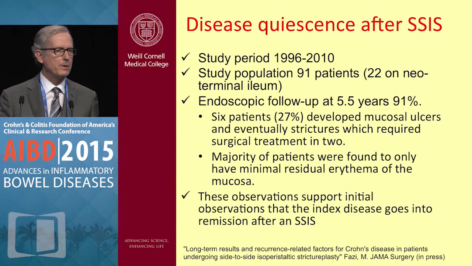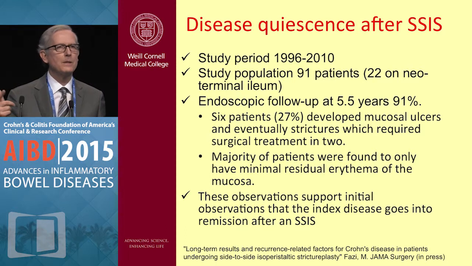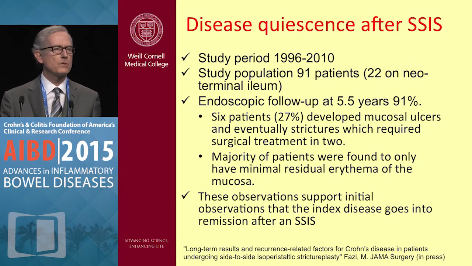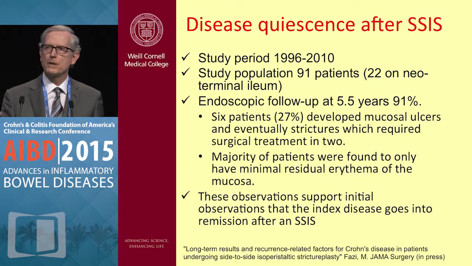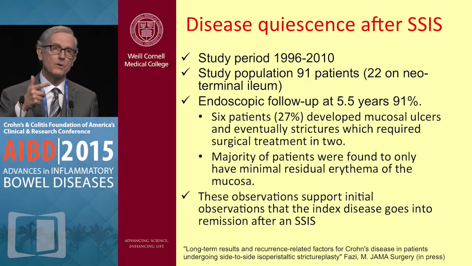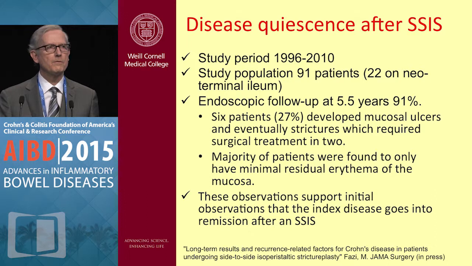They had a study period of 1996 to 2010 with 91 patients where they did side-to-side strictureplasties, and in 22 of them, the side-to-side strictureplasty was on the neoterminal ileum, so it was easy with colonoscopy to check on these strictureplasties, and they had endoscopic follow-up for more than 5 years.